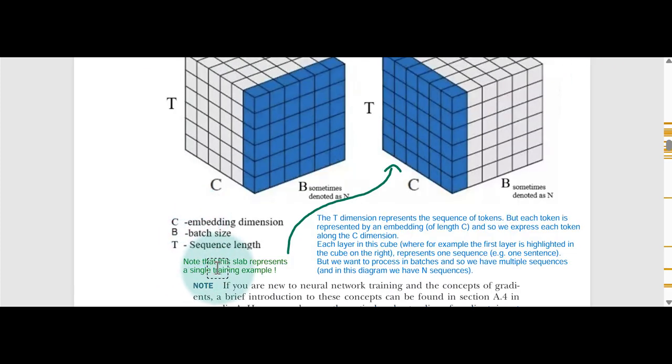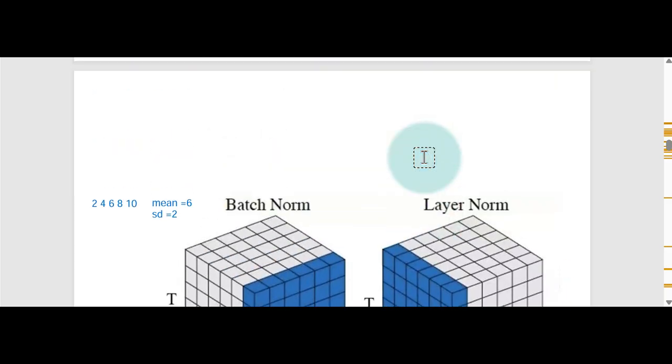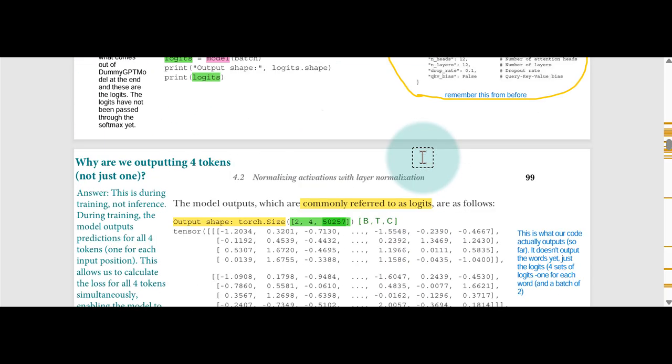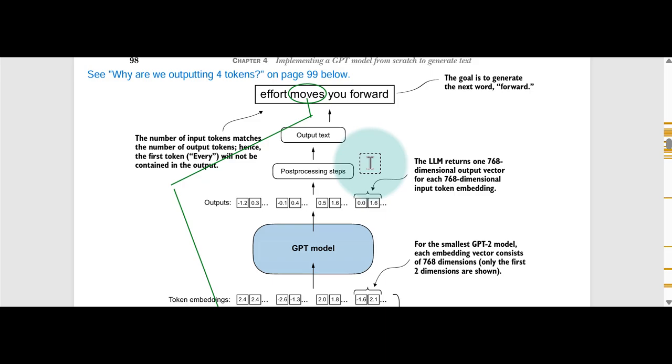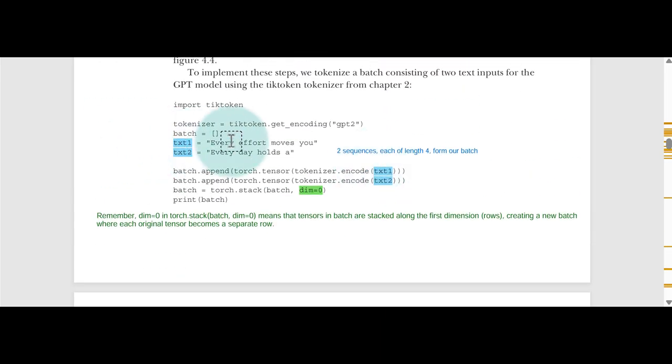And as we said, note that this slab here represents a single training example, right? It represents one sequence, like one of the sequences that we were just talking about up here, like "every effort moves you", except that we need 6 words, because that had 6 for the sequence length.